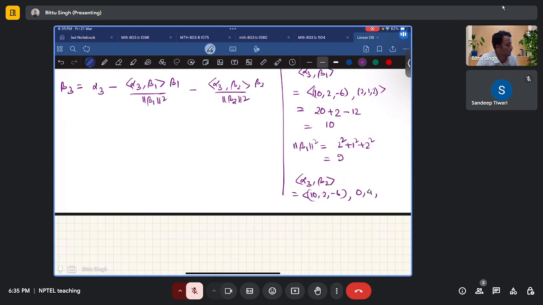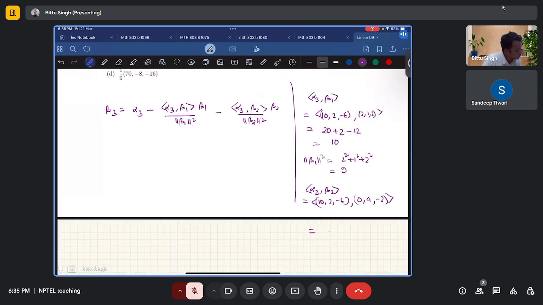So this is 0 plus 8 plus 12, which is 20. And now the norm of beta 2 squared, the inner product of beta 2 with beta 2, is again 20.